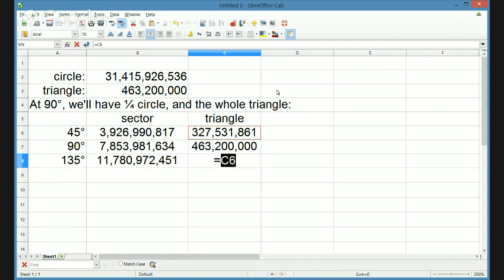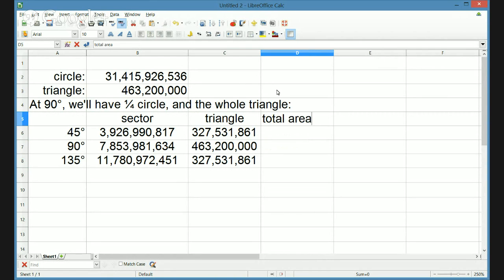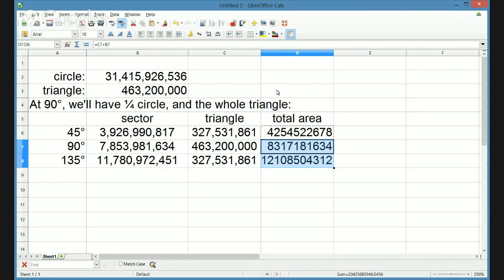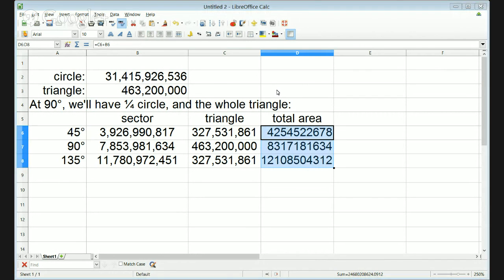It's the same at 135 degrees, same height. So if we look at the total area, it's both of those put together. And it's the same for the other two. It's those sums. Put those commas back on.